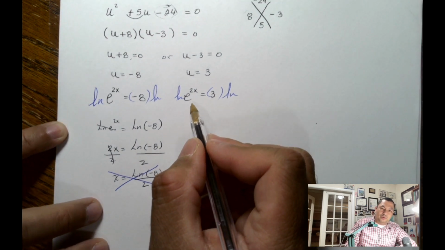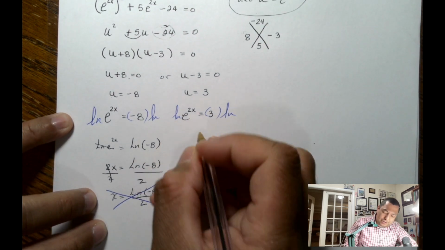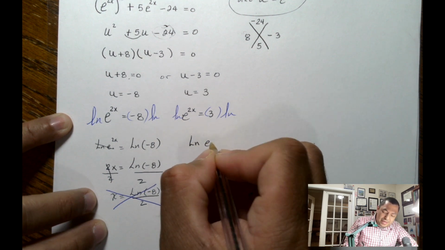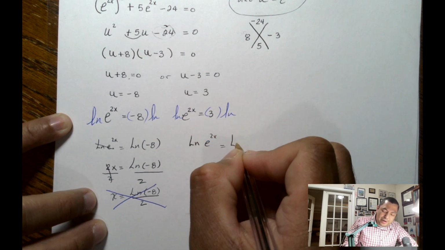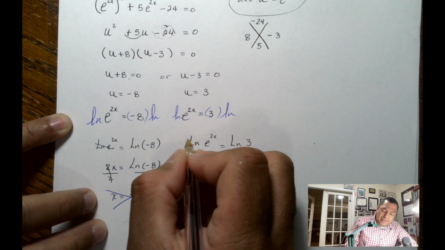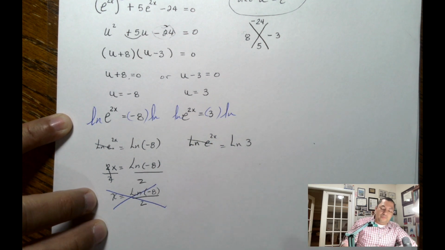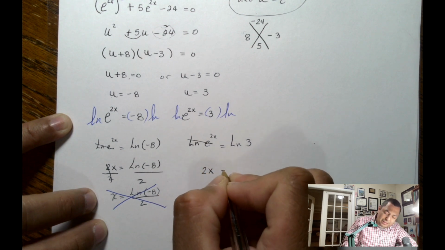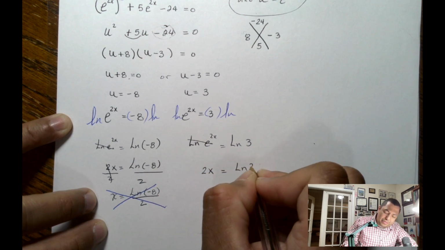So I'm going to solve this second part. I have ln, or natural log, of e to the 2x equals ln of 3. The ln will remove the exponential, so I have 2x equals ln 3.